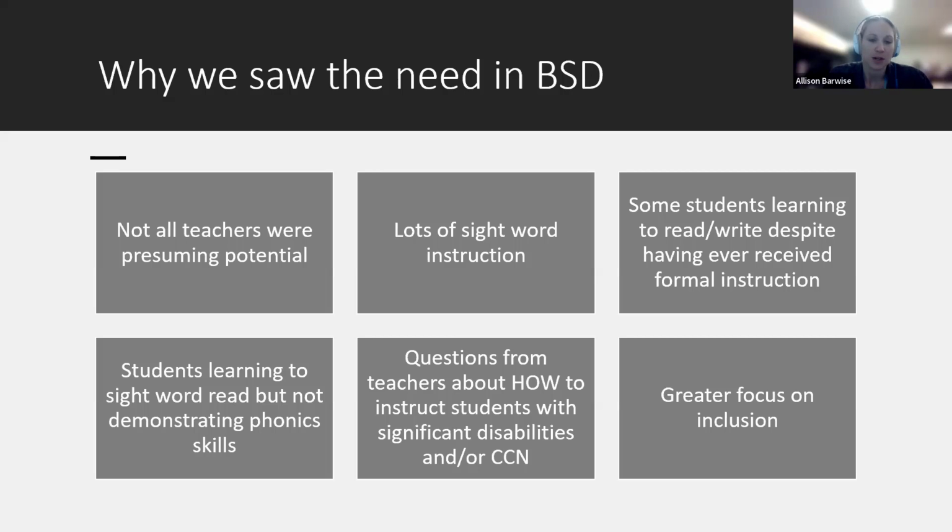We also got a lot of questions from teachers about how to instruct students who have complex communication needs, are non-speaking, use augmentative and alternative communication. And they recognized the importance of literacy instruction, but just weren't really sure how to implement it because they had always been given these traditional models where the students are required to produce verbal productions to demonstrate their knowledge.